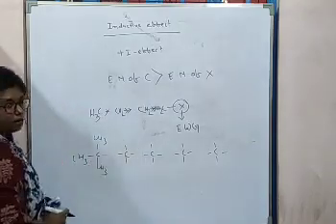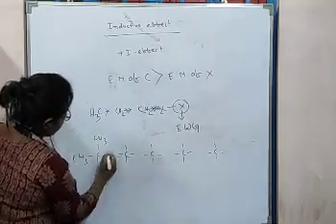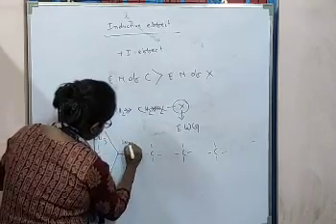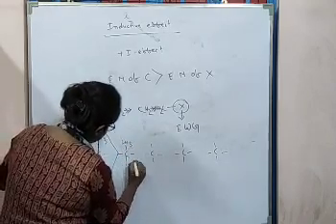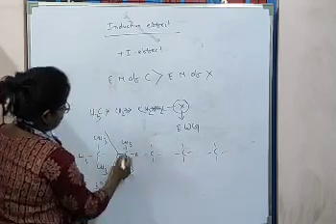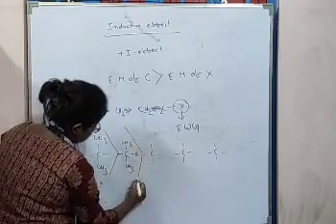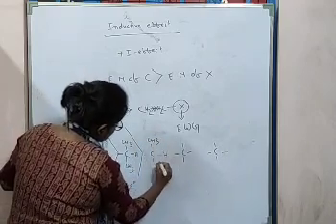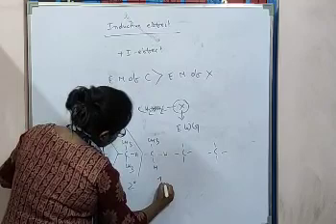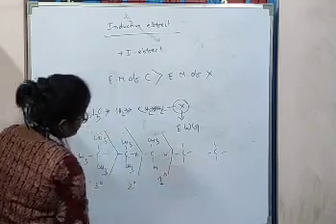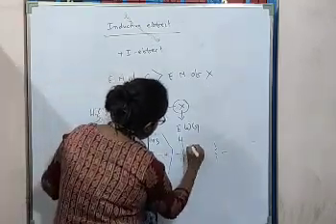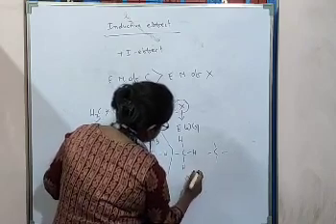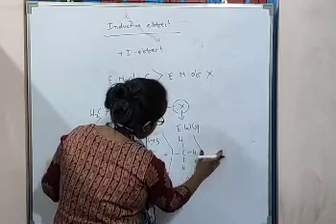This is a 3 degree carbocation. The 3 degree carbocation shows more plus I effect than the 2 degree carbocation. The 2 degree carbocation shows more plus I effect than the 1 degree carbocation, and the 1 degree carbocation shows more plus I effect than the 0 degree or methyl carbocation.